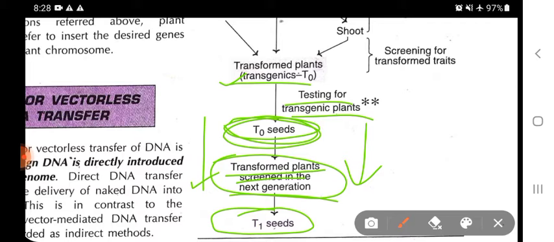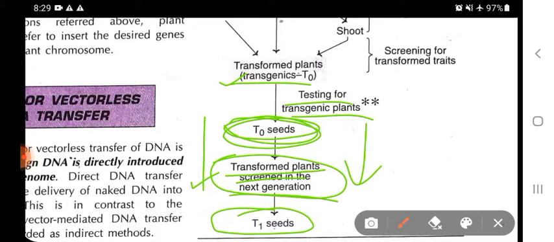Okay, this is how we maintain the trait which we want to introduce by introducing the gene into the plants. Now, such screening and selection is also done if we want to create transgenic animals. But the selection of transgenic animals is not a common thing, because in transgenic animal production not all the cells can regenerate into a whole animal, because the cells of animals are pluripotent or multipotent in nature.